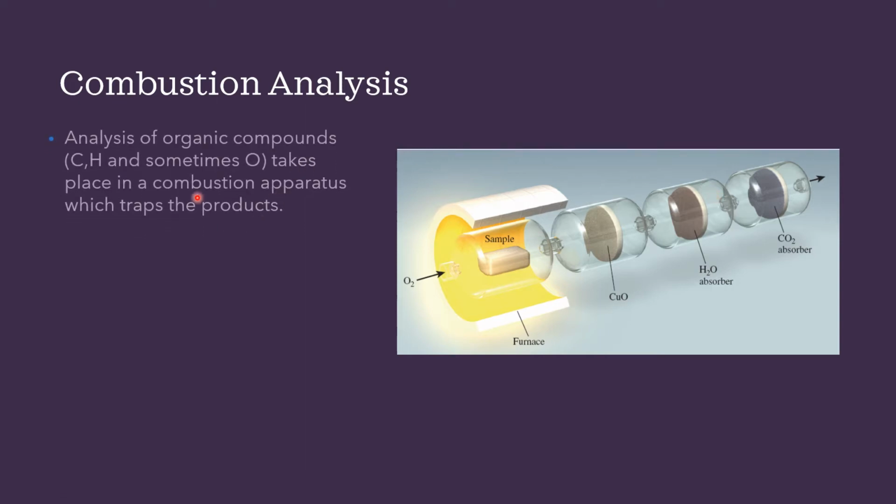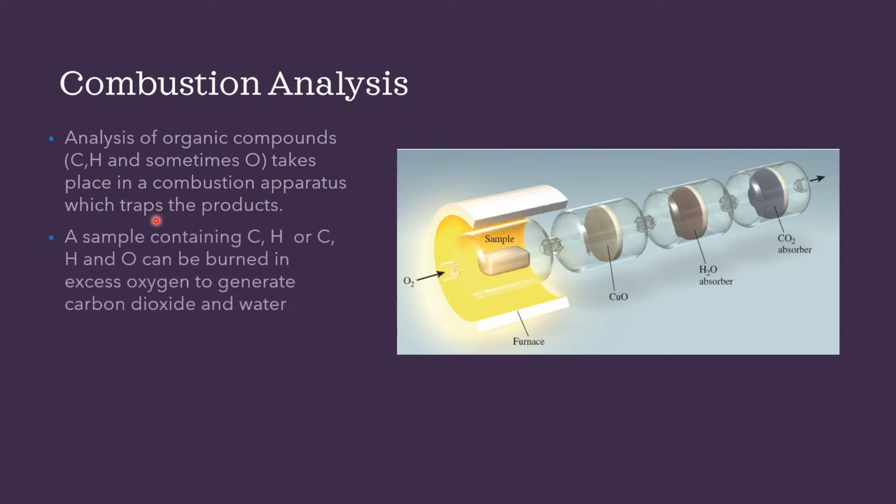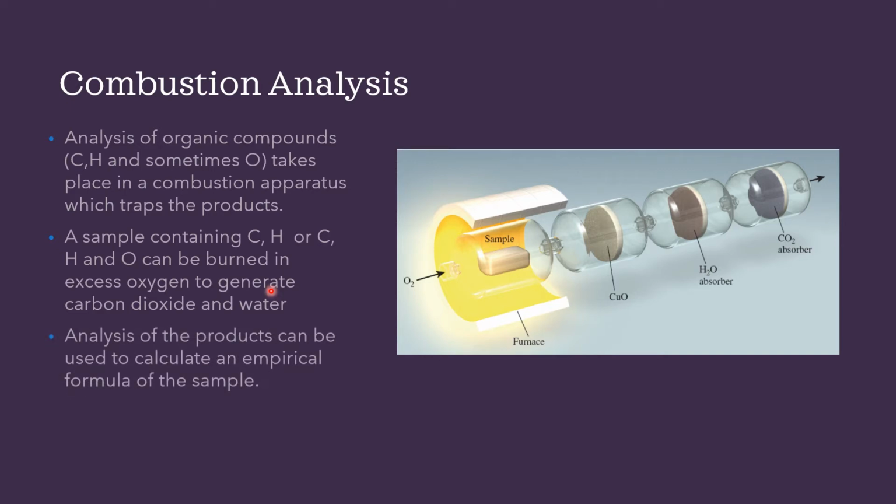This allows you to analyze any organic compound that is made of carbon, hydrogen, possibly oxygen, by simply burning it up and figuring out what the products are and how much of them you have. This generation of carbon dioxide and water can actually lead you back to the empirical formula of this sample.